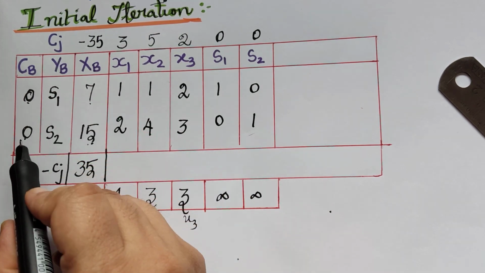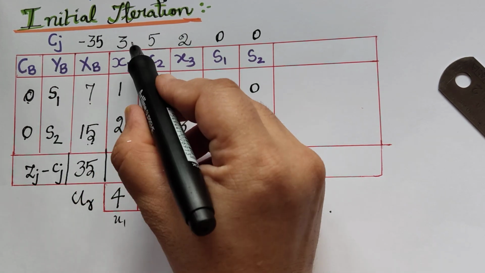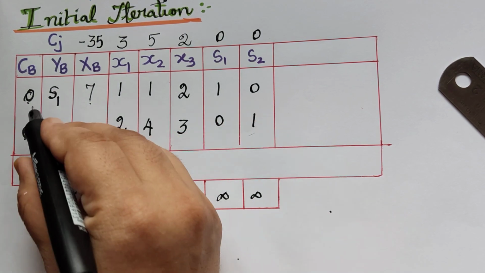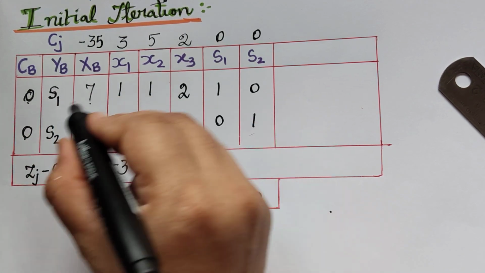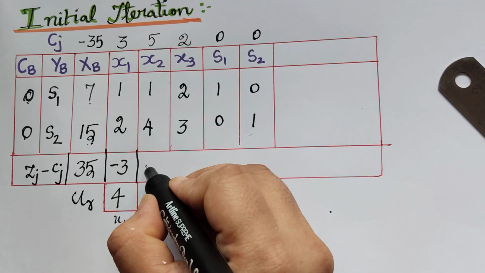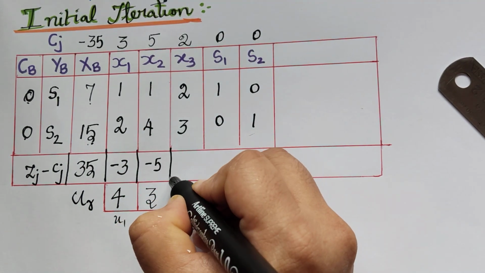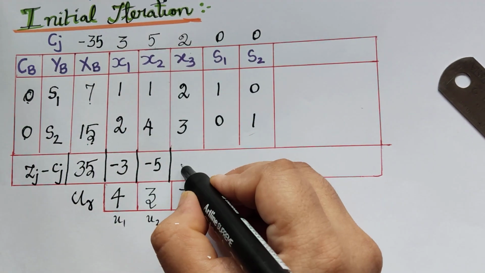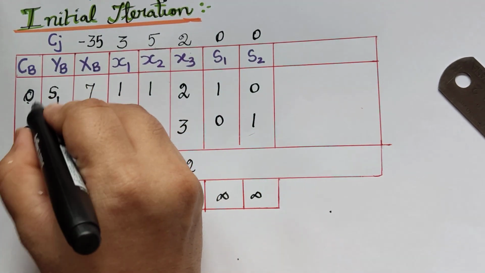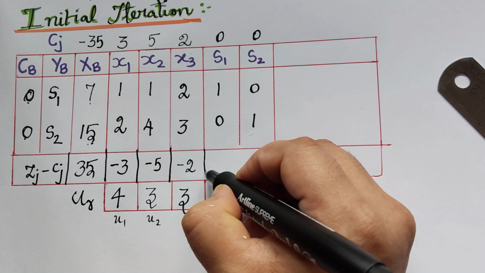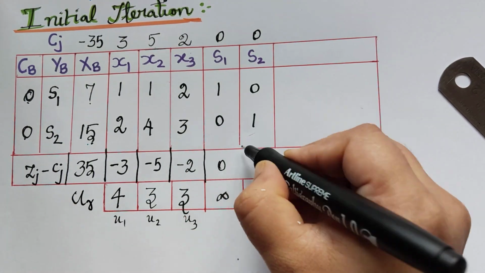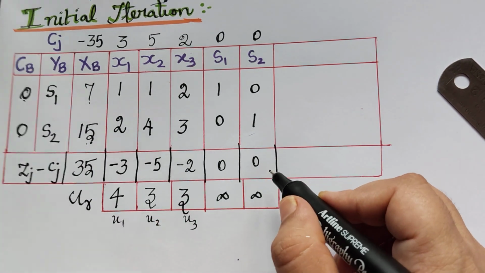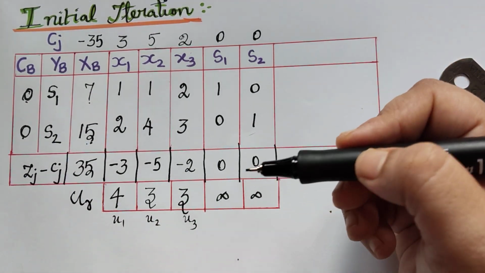Then 0 into 1 plus 0 into 2, minus 3, so here you will have minus 3. The next value is again 0, because 0 into 1 plus 0 into 4, minus 5. Since the CB column is 0, all these values are just the negatives of cj, and so here 0 and then 0. You would have learned this while learning about the simplex method, but I am still explaining it for you.